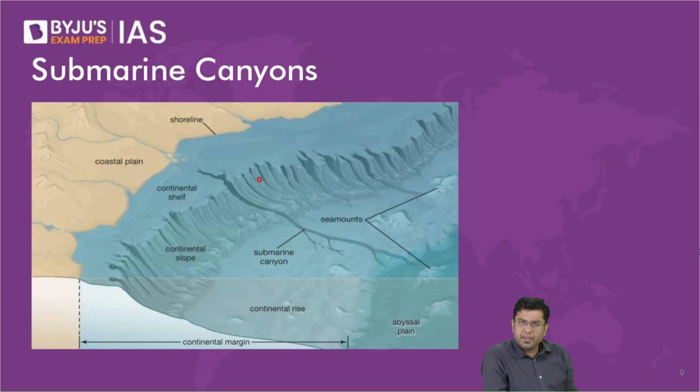But here also, for a very long period of time, you had the geographers differing amongst themselves about the basic formation of these canyons. Many of these oceanologists, many of the geographers, held the opinion that these submarine canyons are created due to erosion at the mouth of the large rivers.